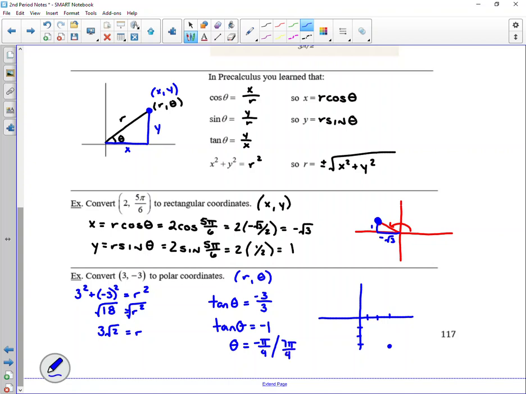So this coordinate would be 3 root 2 comma negative pi over 4, or 3 root 2 comma 7 pi over 4, or you could also do negative 3 root 2 comma 3 pi over 4, right? I know, but they're all options. Okay? Not too bad so far. This is just review.